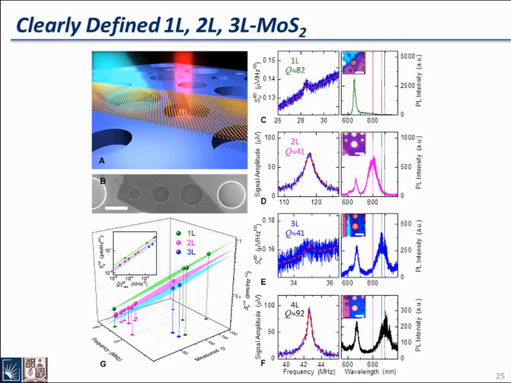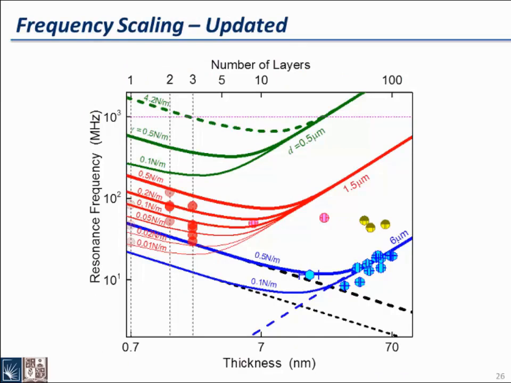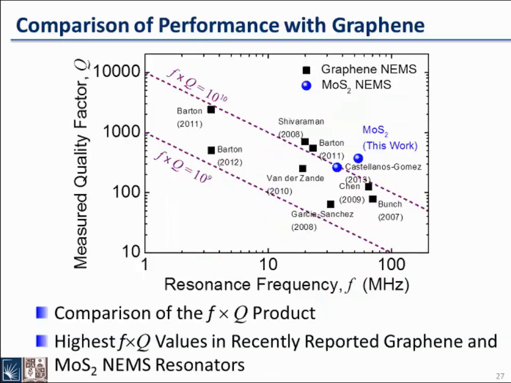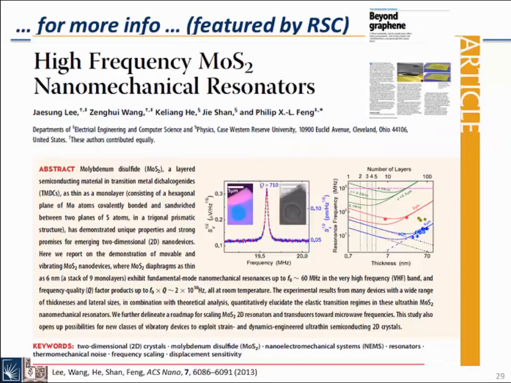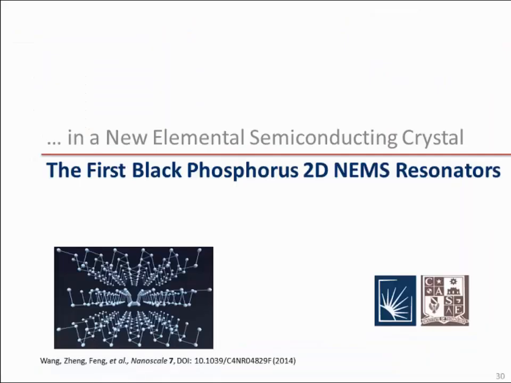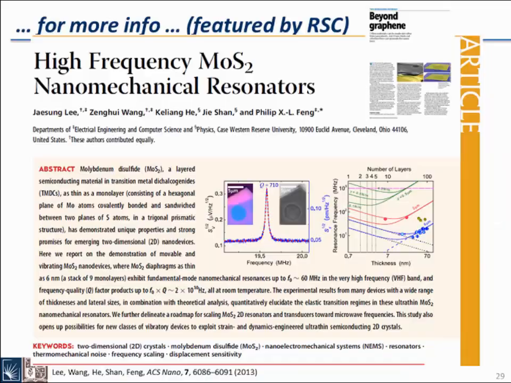The layer number was calibrated by their band gap photoluminescence measurement. You can see the ultrathin 1, 2, 3, 4 layer devices fit the previous mixed elasticity model very well. Our devices show performance that surpasses the best device reported based on graphene. And this work actually inspired some theory to study the dissipation mechanism in molybdenum disulfide, which is probably better than in graphene. And our work was published in this paper.